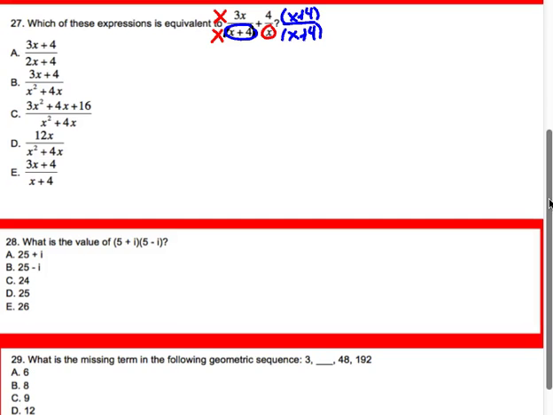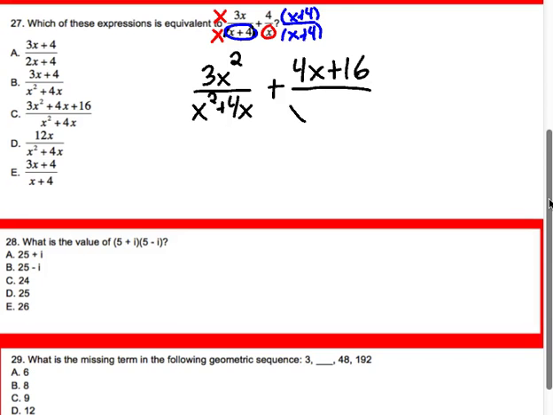So let's take a look at what that means. My first fraction, x times 3x, is now going to be 3x squared. And when I factor in that x, that gives me x squared plus 4x. In the second one, when I distribute in the 4, I get a 4x plus 16. And on the bottom, I get that common denominator. That was the whole point of doing this.